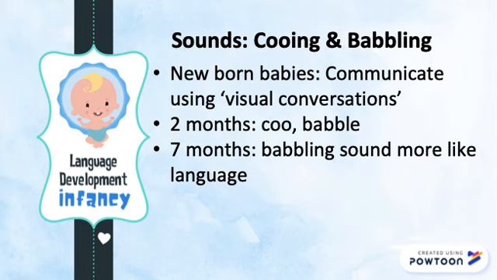Newborn babies are not yet able to communicate verbally using words, but this does not mean that they do not communicate. They communicate non-verbally using visual conversations through eye contact with their mother or others around them.